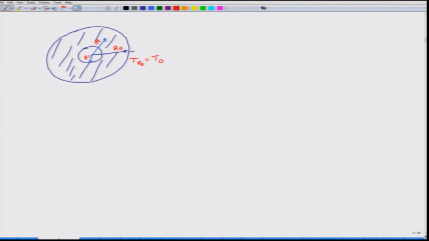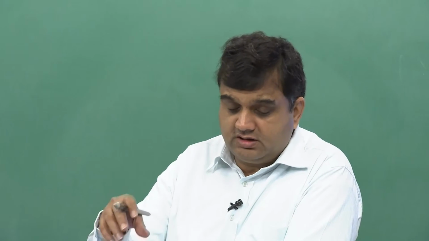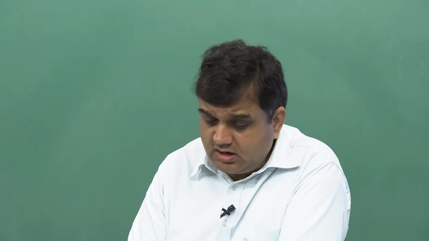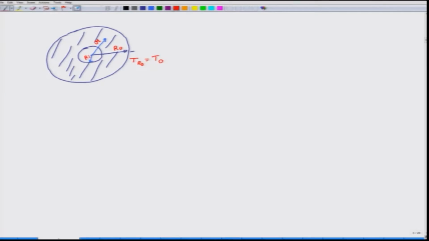So, suppose I am immersing this cylinder in say ice. So, the outside temperature is maintained at 0 degree centigrade, or I am immersing it in boiling water, outside temperature is maintained at 100 degree centigrade. This is one thing. And on the inside radius, what I do is I put some thick layer of some perfect insulator, which means, so what are the boundary conditions in this case?